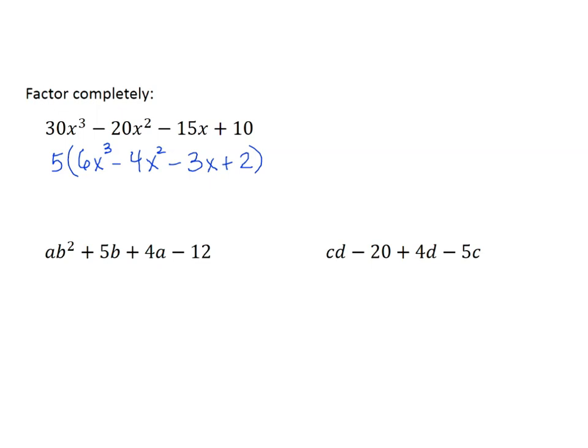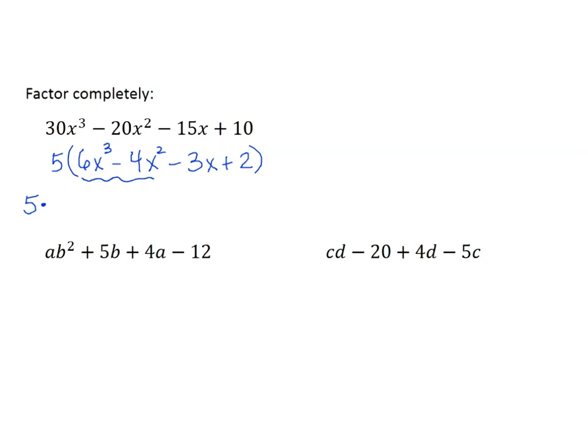And now I'm going to look at my first 2 terms and my last 2 terms. So in my first 2 terms, I notice that I can take out a 2x squared. I'm just going to leave this 5 over here hanging out. We'll put that back in at the end.